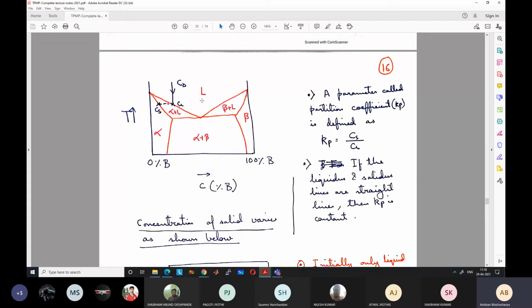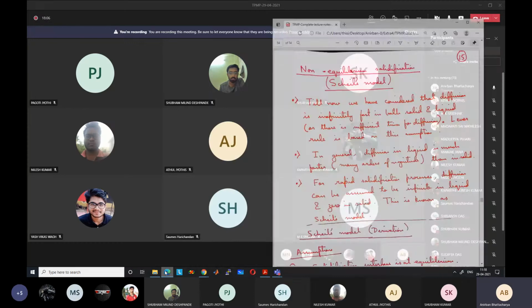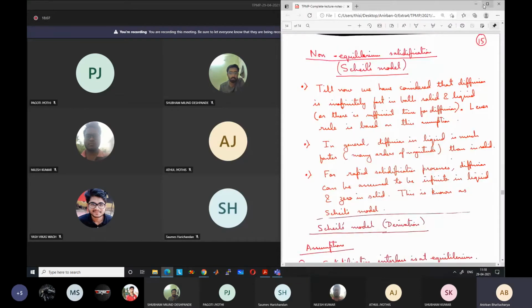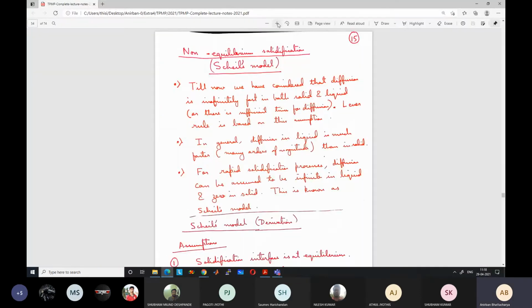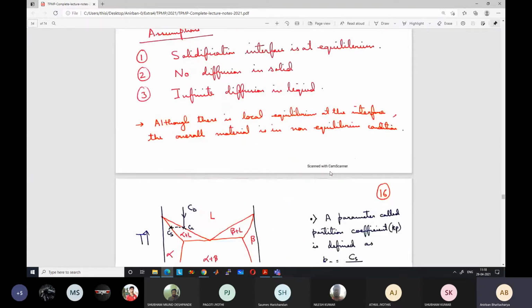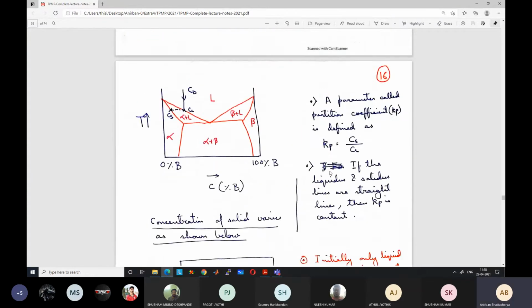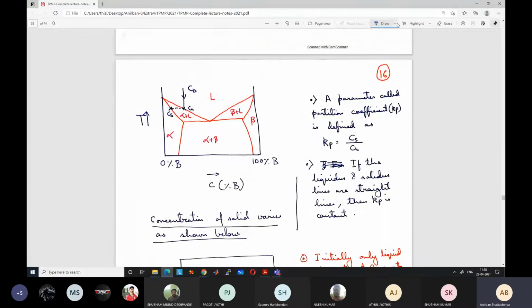If we assume that the phase diagram has linear liquidus and solidus lines, remember what the liquidus line is. It is this line. This line is the liquidus line.